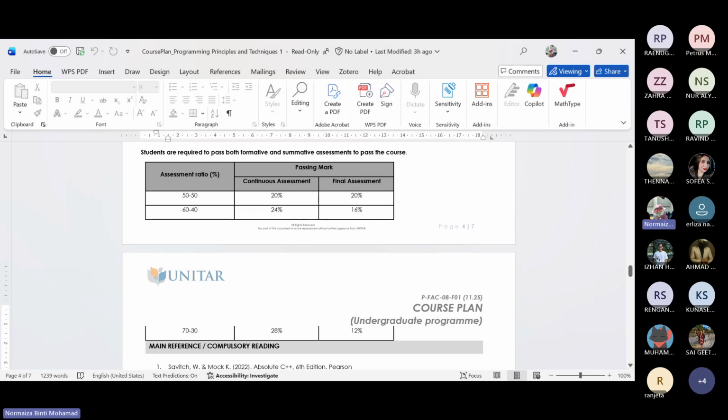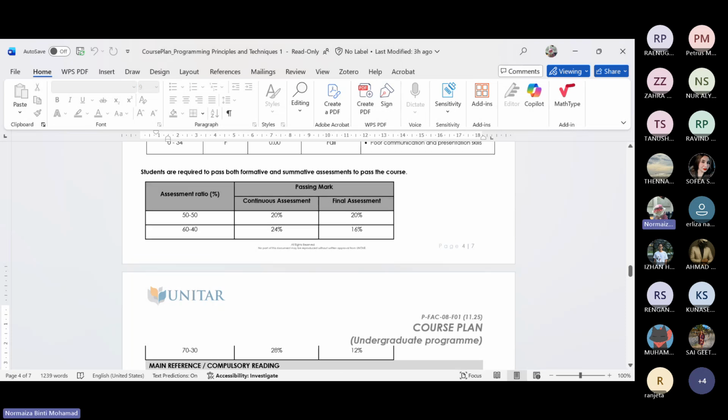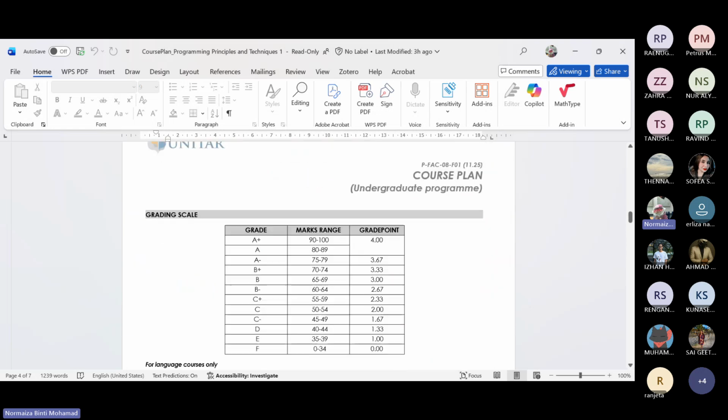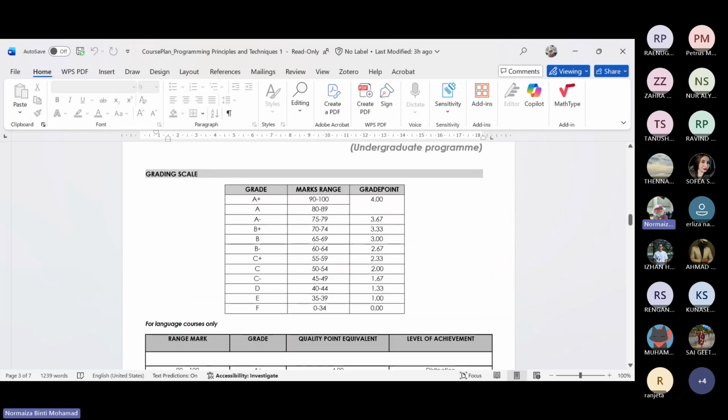But if your final assessment is only 8, you are still considered to fail. You will get an E instead of a C. Here, 50 marks might get a C, but since your final exam is 8, you're not going to get a C. You go straight to E.